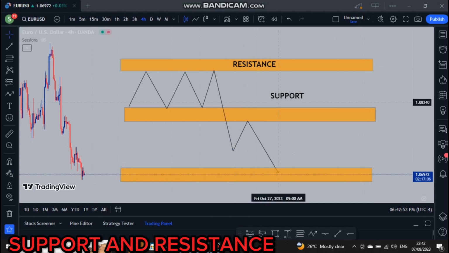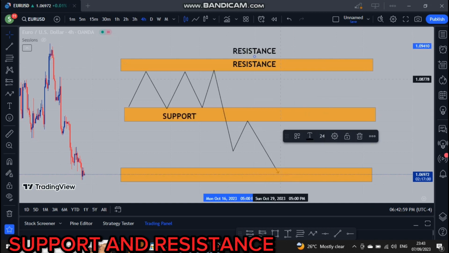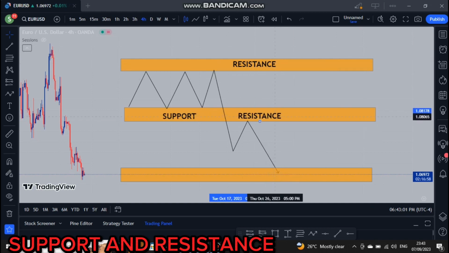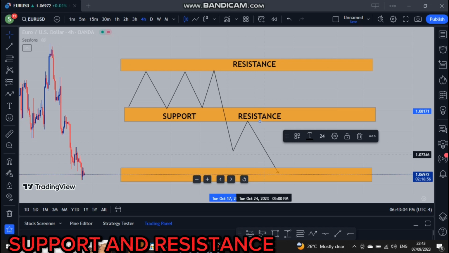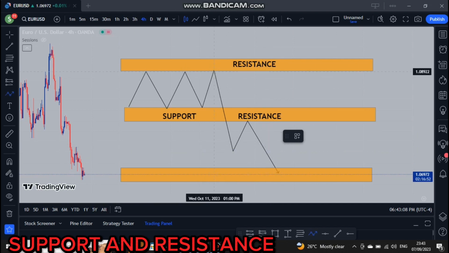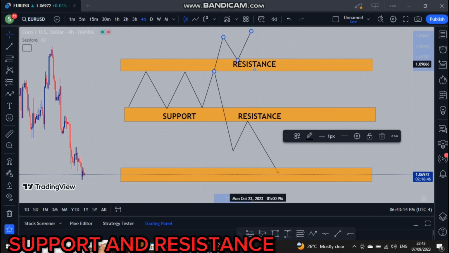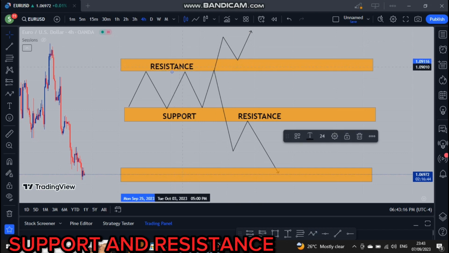Why this one that was support around this region turns to resistance is because immediately it broke this area. And the same thing applies once it breaks the top, retest on it. From this point, it was resistance when the market was still trading in the range here, and once it broke out, it changed from resistance to support.